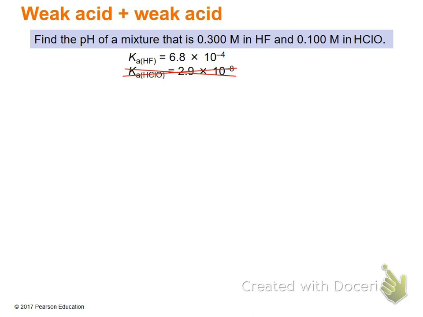And so we write the reaction equation for HF. Okay, and then we prep our ice table.